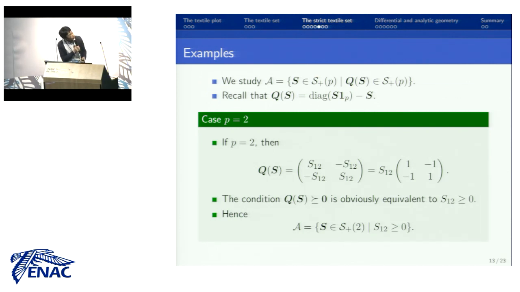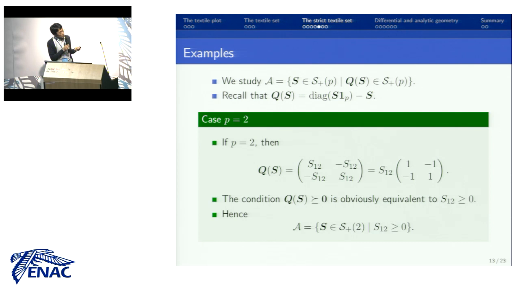And we will see two examples of A, two examples of P. In this slide, I show the set A in the case of P equal to 2. If P equals 2, the matrix Q of S is given by this formula.